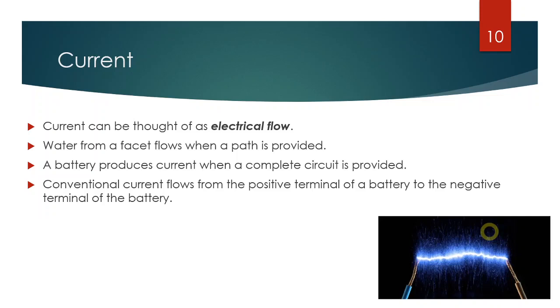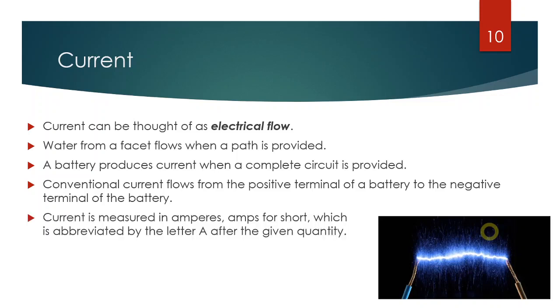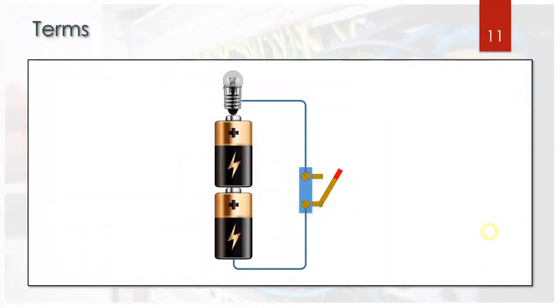There's actually another way of looking at current, but in this course, we're always going to refer to current flow as conventional current flow, and that is positive to negative. And current is measured in amperes, which we just shorten as amps, and it is abbreviated with the letter A behind any given quantity that you have.